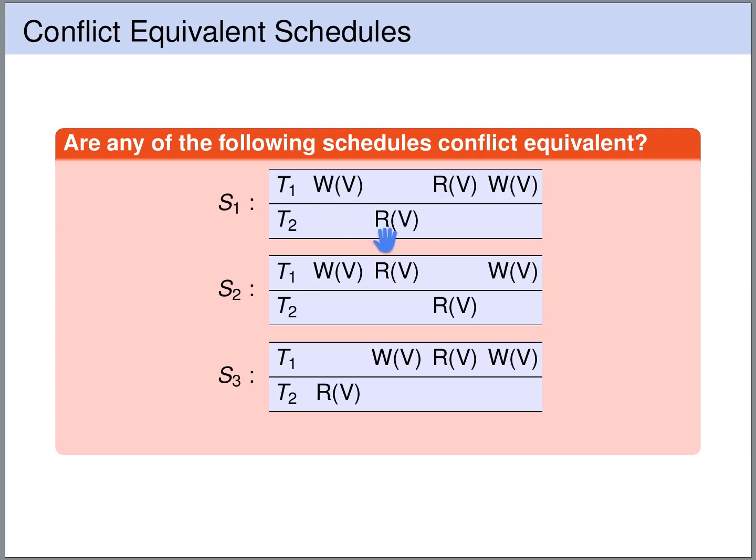So there's no way to get this read of v in front of the write of v by a sequence of swaps of non-conflicting actions. So it's not possible to transform schedule S1 into schedule S3. These two schedules are not conflict equivalent. And since S2 is equivalent to S1, also S2 cannot be equivalent to S3.